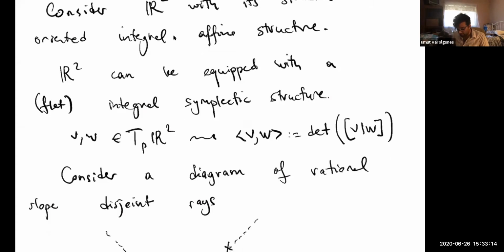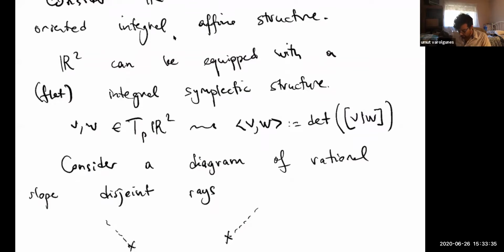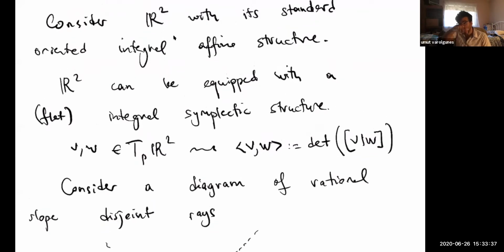And I claim that R2 can be equipped with a flat integral symplectic structure. The symplectic structure is just given by taking two vectors and taking the determinant of the matrix formed by those two vectors. This is also called the cross product or wedge product. This only depends on the oriented integral affine structure, not on a basis.